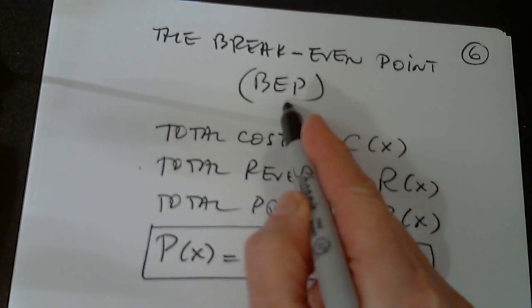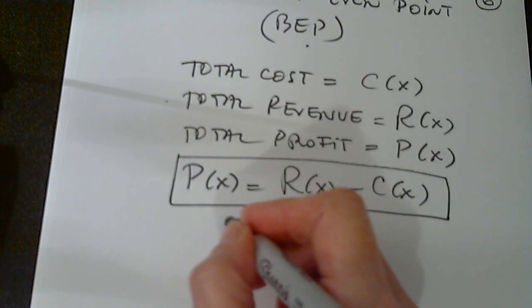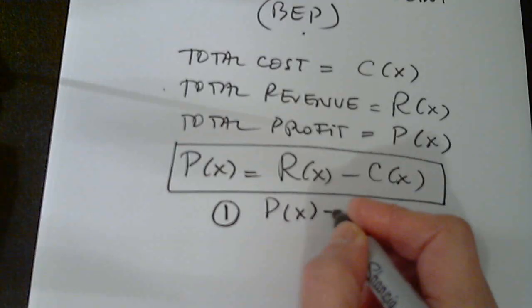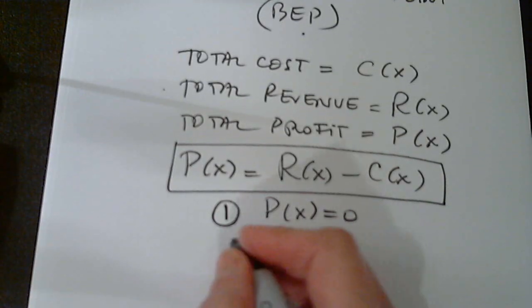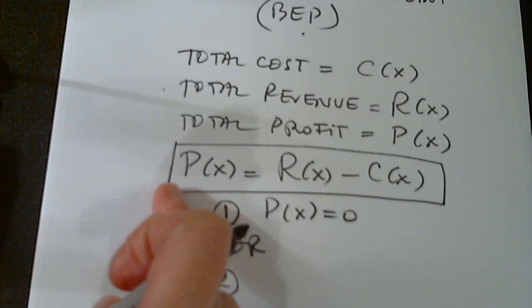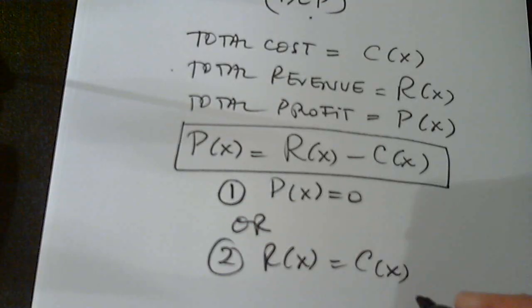So what is the break-even point? The break-even point is either option 1, profit is 0, or option 2, revenue equals cost to make the profit 0. Revenue equals cost. They both mean the same.